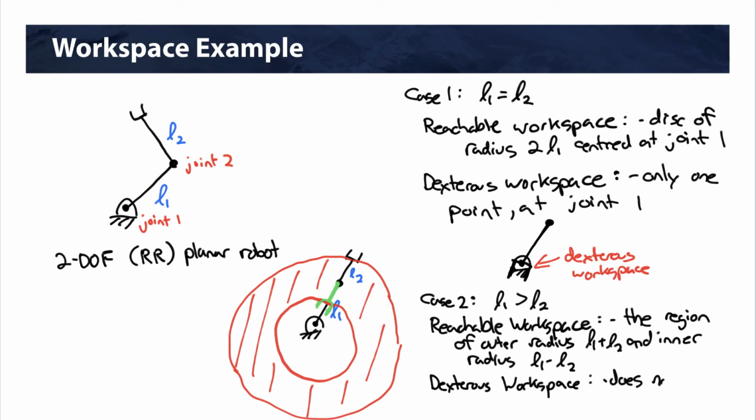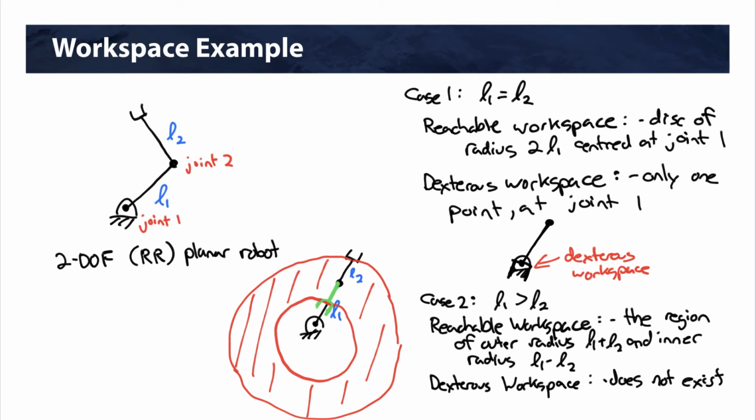Because we saw for the previous one, when L1 equaled L2, our dexterous workspace was just that single point at the center at joint 1 here. Well, in this case, we can't even reach that point. So we know there is no dexterous workspace for that example.